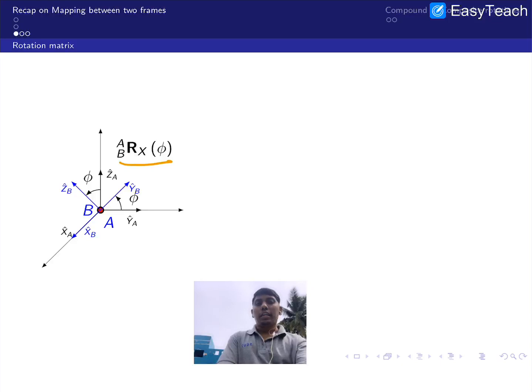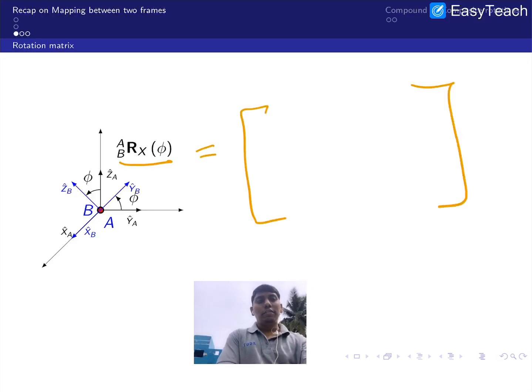So now this is the rotation matrix, but here it is only one rotation about X, the angle is phi. I can write this as a three-vector matrix, which is a set of unit vectors and is orthonormal. I take the vector XB projected on the A frame. You can see this is projected on XA as 1 and there is no projection on Y and Z. Similarly, I project YB on the A frame. Obviously there is no projection on the X axis, but on the Y axis it is cos phi, and on the Z axis it is sin phi.